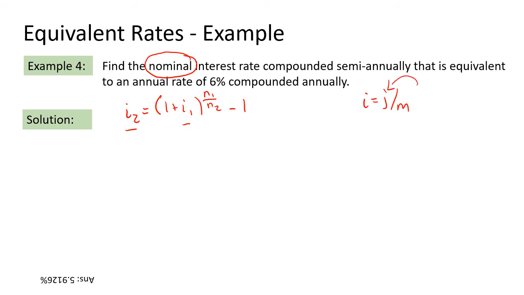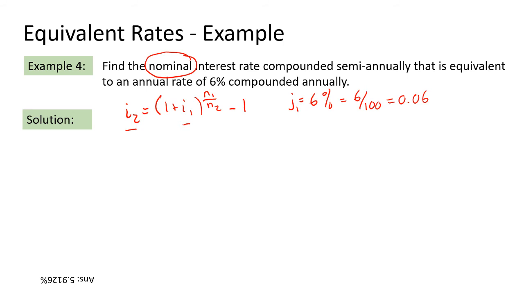Let's erase this for now, save us some room. Let's look at what we know. In our first case, our nominal interest rate, call it J1, is 6%, which is 6 divided by 100, removing the percentage sign, or 0.06.